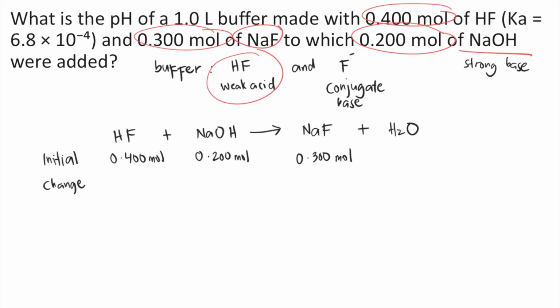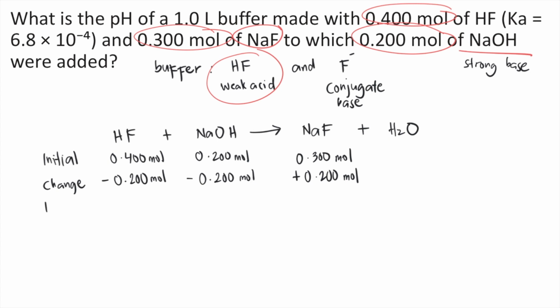So you put minus 0.200 moles for NaOH. Of course, also put minus 0.200 moles on HF because HF and NaOH react together. And then for the product, you put plus 0.200 moles. Why plus? Because the product is forming.